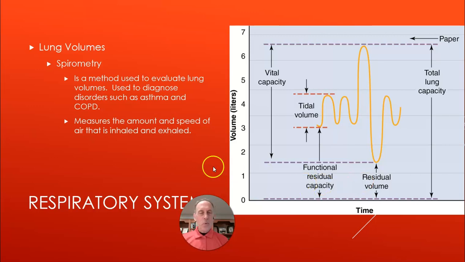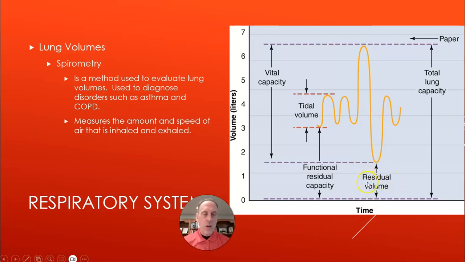So a couple of quirky little terms here that you have to be able to differentiate. I'm sorry that they're kind of challenging, but you just have to look at this chart and do the math on it, and not even stress too much about the actual numbers, but just understand that tidal volume is this. When we start to work out, we get closer to that vital capacity. When we exhale, you're always going to have some air left over in your lungs.